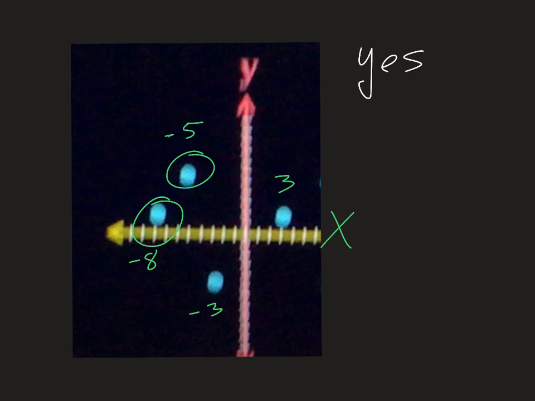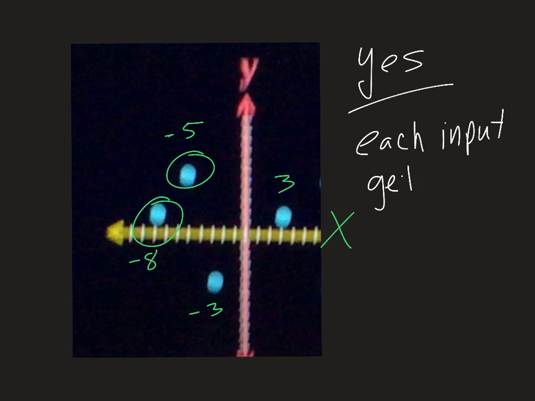So that's another reason that it's a function, because they all fall along different places on the x-axis. But another thing that you might see on a test is, yes, but the reason is each input gets one output, which is true.